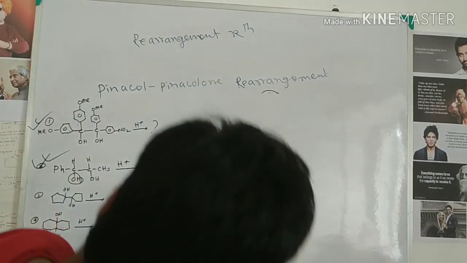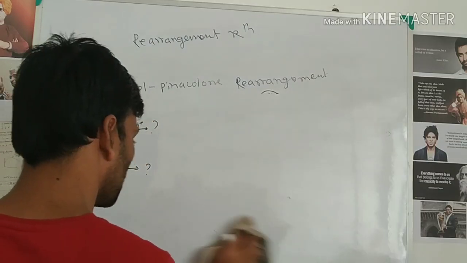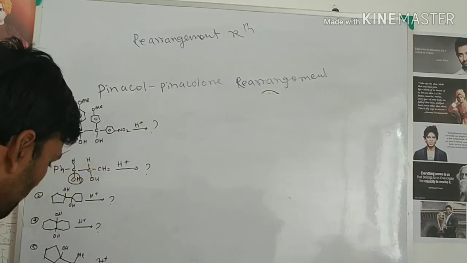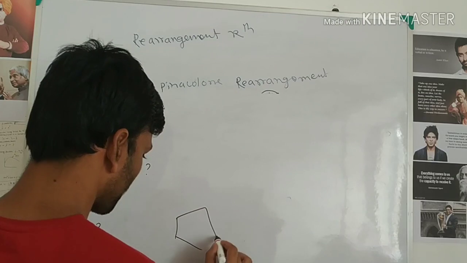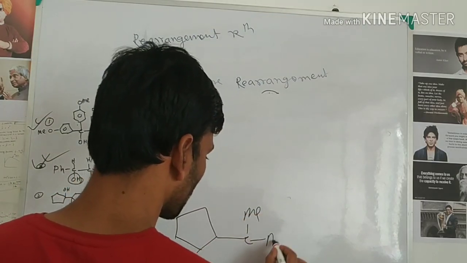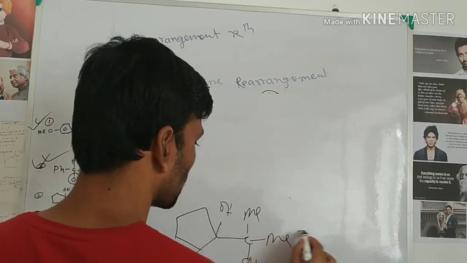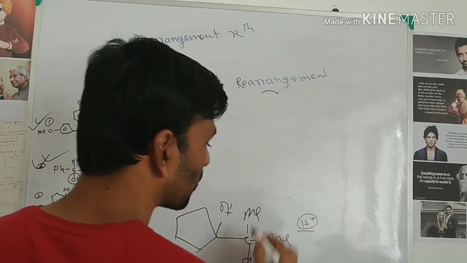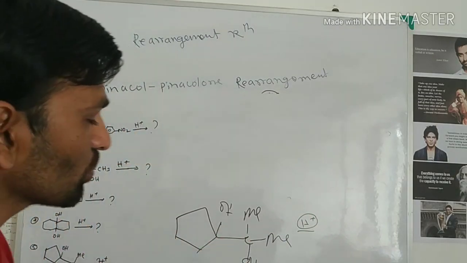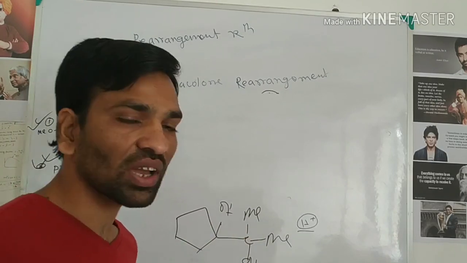Now the fifth example of this reaction. Here is the possibility of the two OH groups forming a similarly stable carbocation.